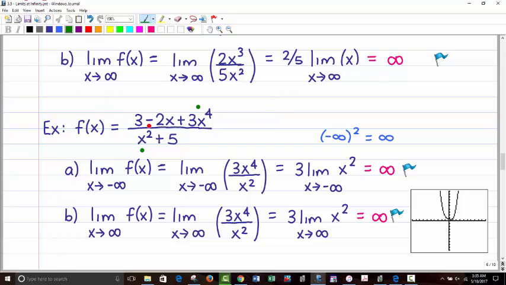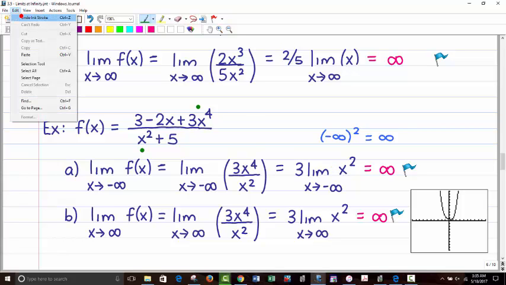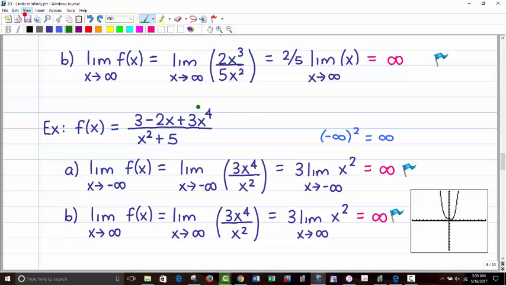Because if somebody wasn't careful, they might look at this and go, oh, 3 over x squared, it's going to be 0, game over. No, that is not right. We have to work with 3x to the 4th over x squared, like so. Now let's try negative infinity. So 3x to the 4th over x squared as x approaches negative infinity.